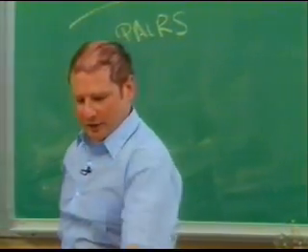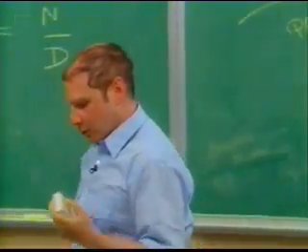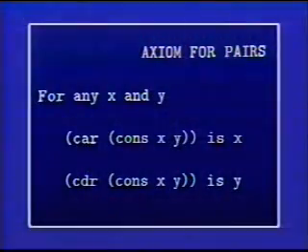If you go back and look at this slide, all I really told you about pairs is that there happen to be these properties of cons, car, and cdr. All I really said is that there's a thing called cons, a thing called car, and a thing called cdr. And it is the case that if I build cons of x y and take car of it, I get x.